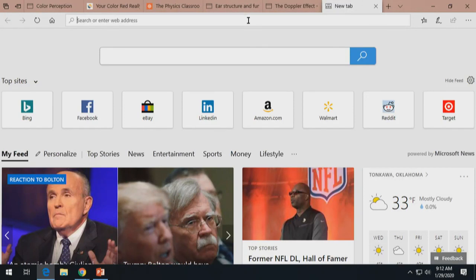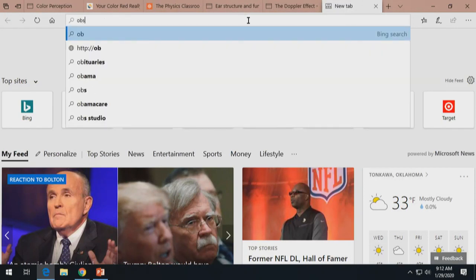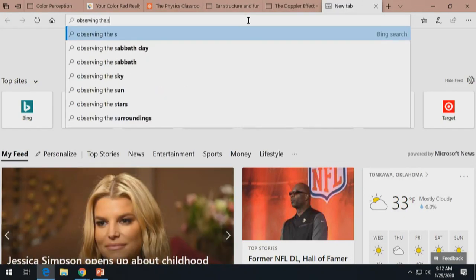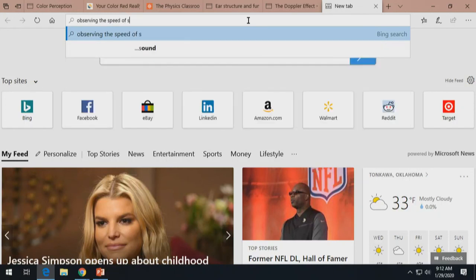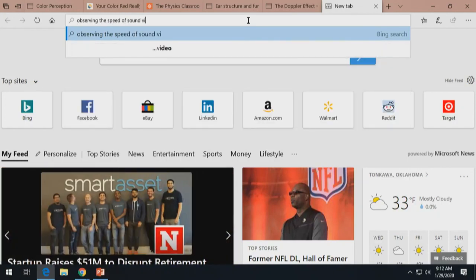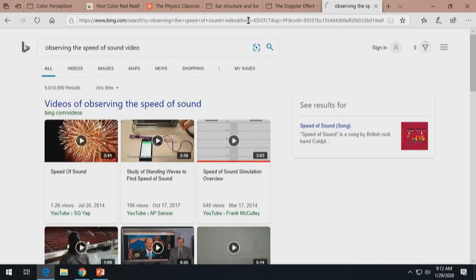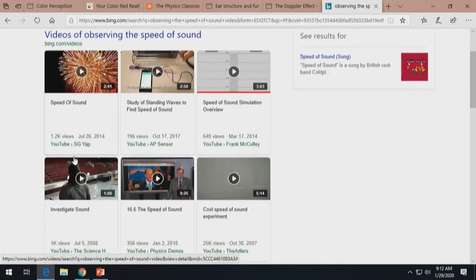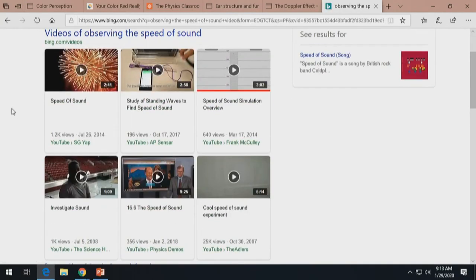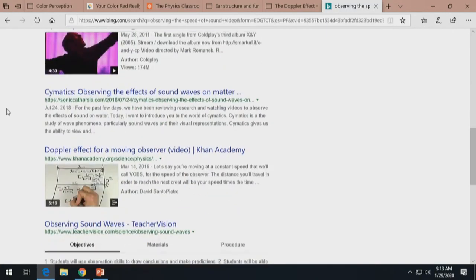Isn't it because there's going to be a force over there? Speed of sound simulation.